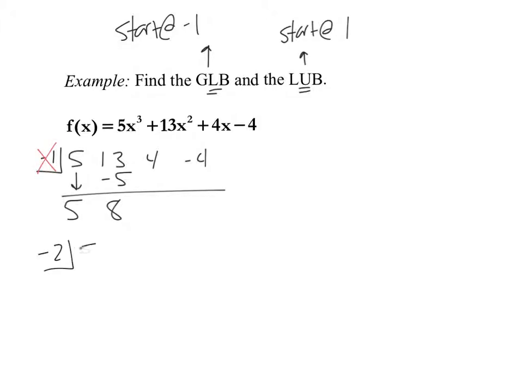I'm going to try -2 now. You could erase, or I'm just going to rewrite it. So I've got 5, bring down the 5, -10, 3. Okay, still not alternating. So I'm going to scratch this, and I'm going to go to -3.